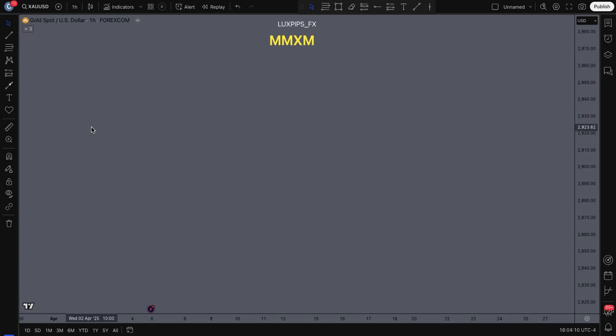So I want to go over the foundations of MMXM, or foundation, I think I should say. First, it'll be OHLC/PO3. Secondly, it will be ERL/IRL.